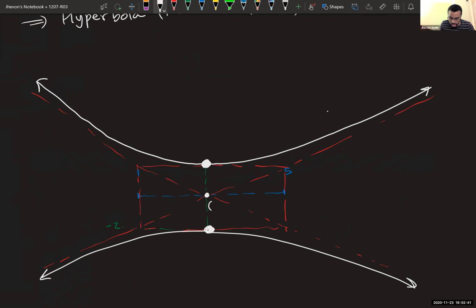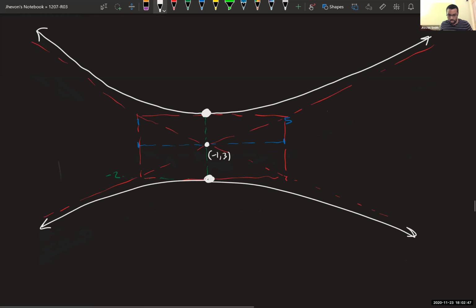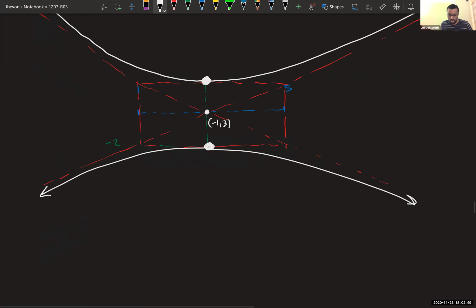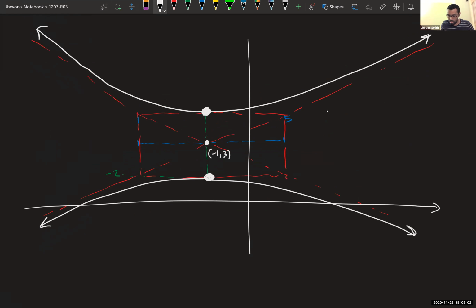I need this, it's actually -1, 3. So it's going to look over here, right here. Where this is at 3.